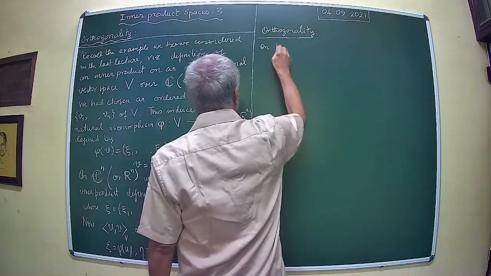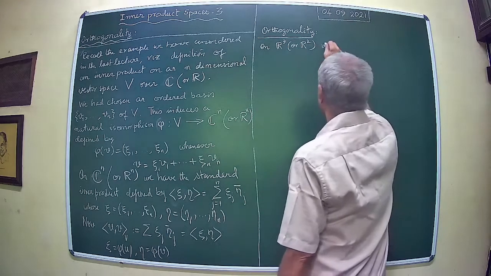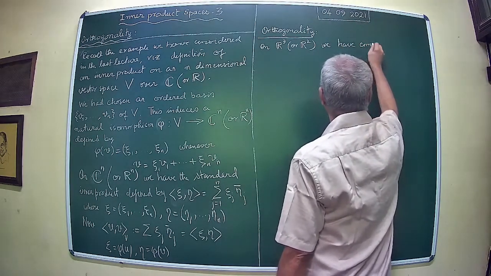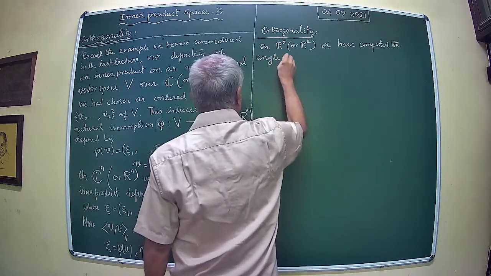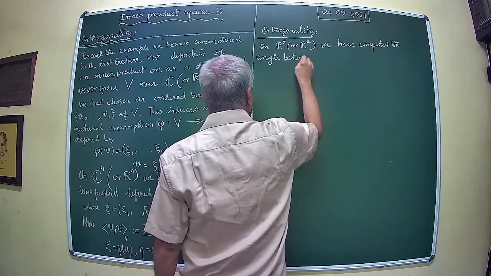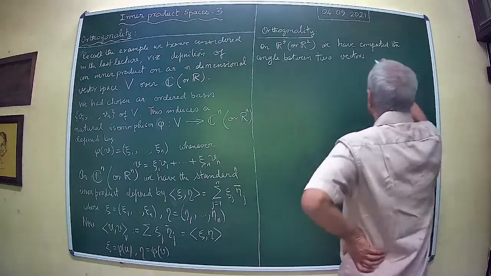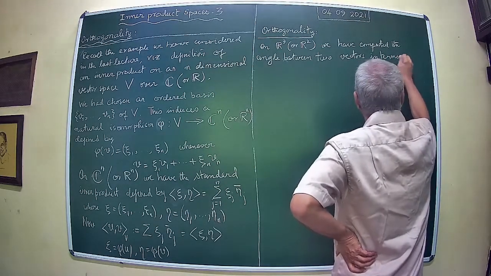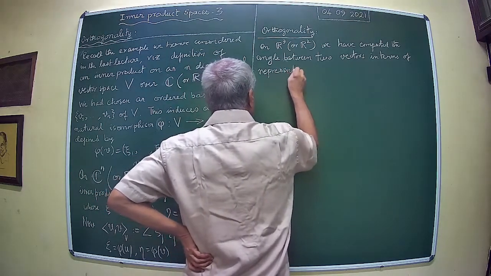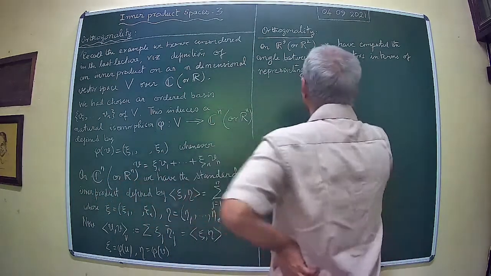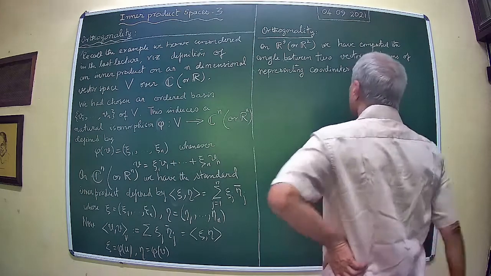On R3, we computed the angle between two vectors in terms of coordinates of the two vectors.